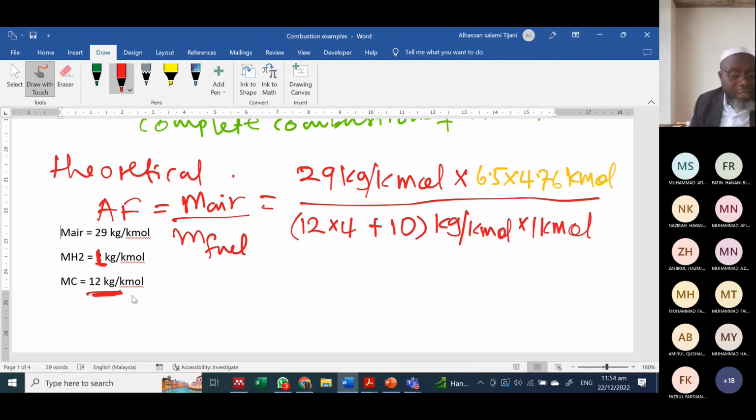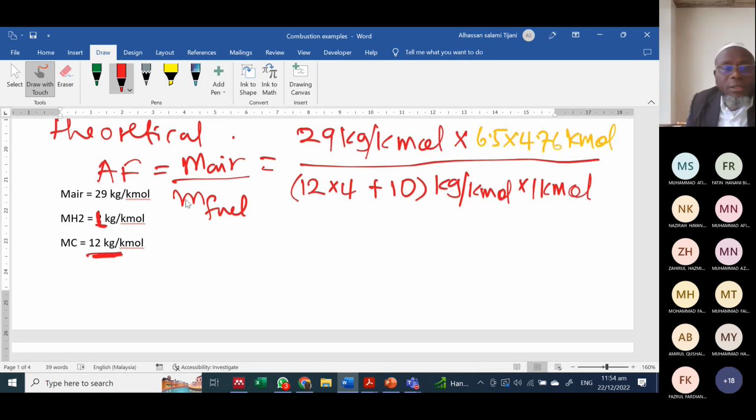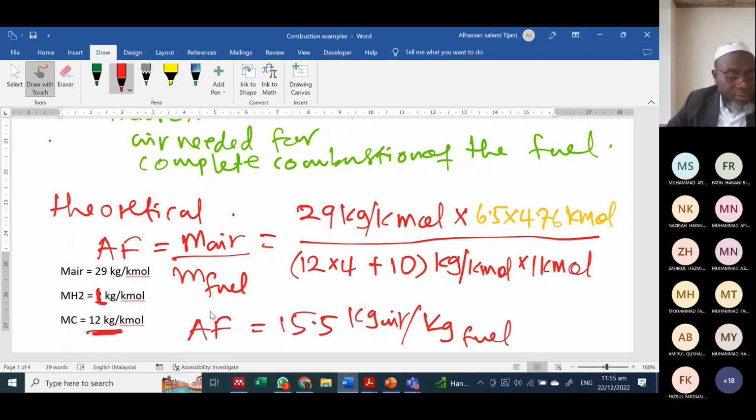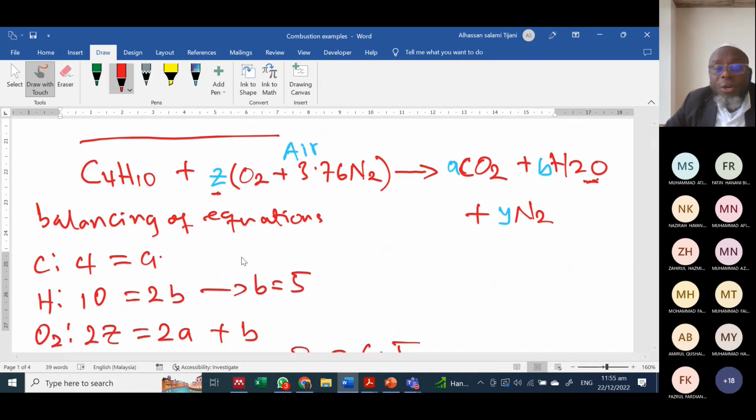So if you solve this carefully, you're going to get the air-fuel ratio equal to 15.5 kilogram of air per kilogram of fuel. You understand? Per kilogram of fuel. So that is the result of this particular discussion. Okay. So now the next question, the last part before we leave.